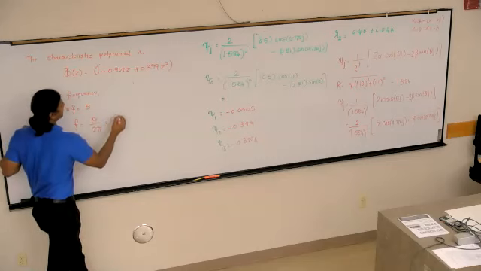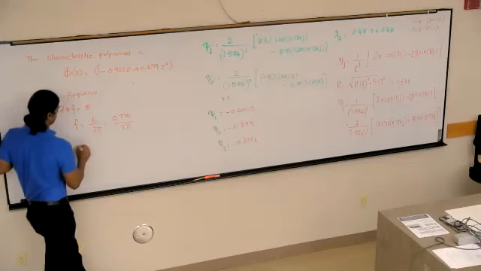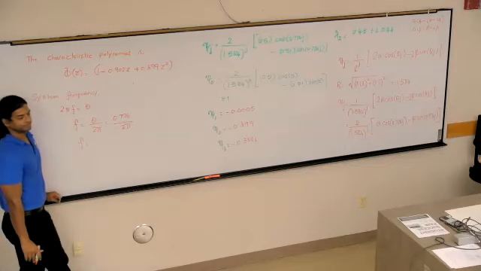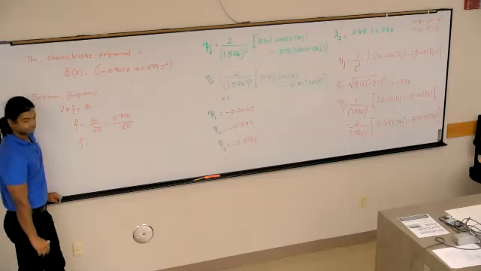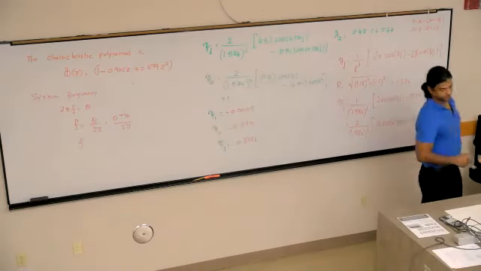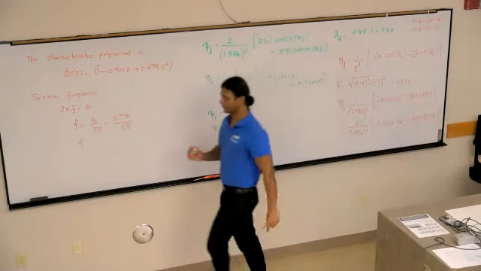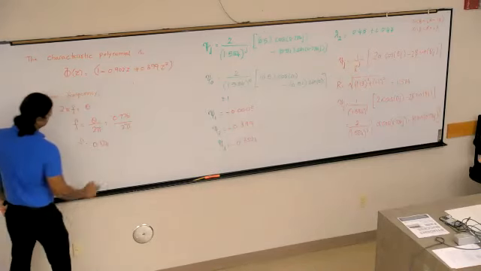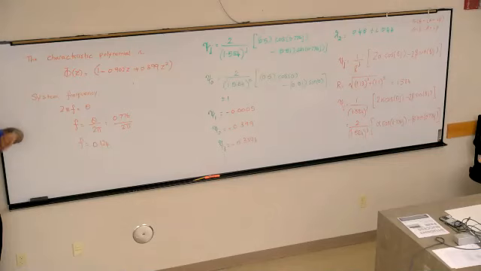Beta is 0.776 divided by 2 pi, and f would be equal to 0.124. Okay, so that is the frequency. And how is the period related?